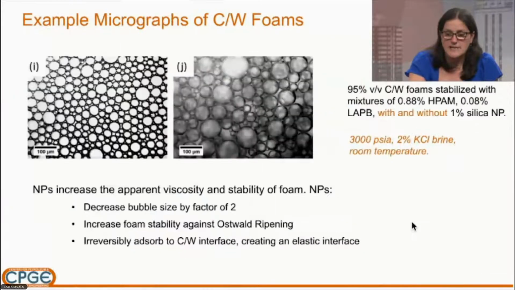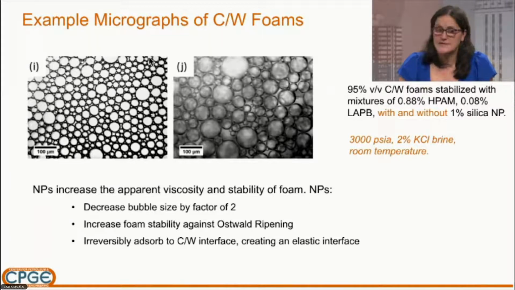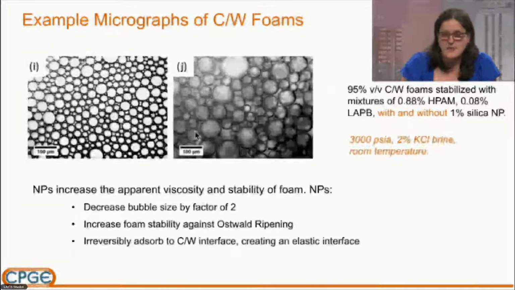If one is wondering what the mechanism involved in the process is, we can look at the example micrographs, with and without silica nanoparticles, everything else kept the same. Basically, you decrease the bubble size and increase the foam stability.